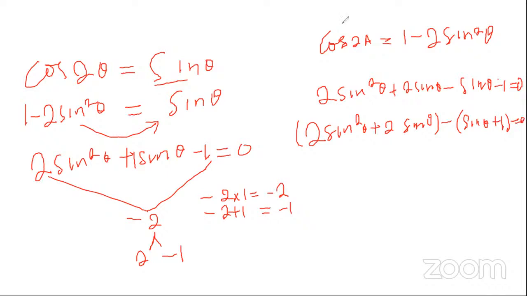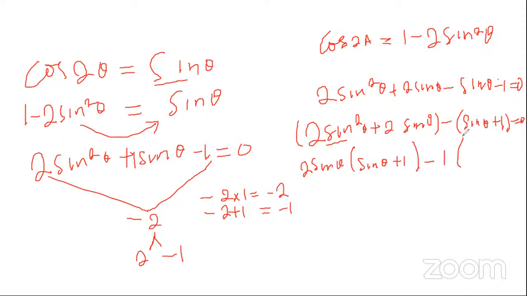Are we together there? Yes, sir. Okay, so what will be the common factor in the first bracket? 2 sine theta. So we have 2 sine theta into what remains here, sine theta plus 1.